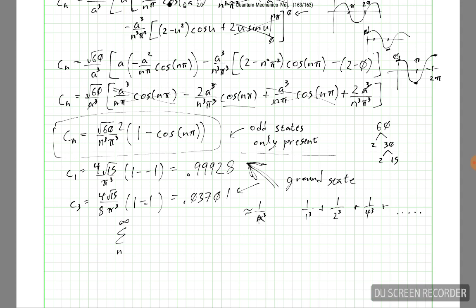The result we're looking for is the sum of all of these constants should be 1. So if I took this sum all the way out to infinity, I have a 100% probability of finding my particle in a state between 1 and infinity. As you can see here, the most probable state is the ground state.